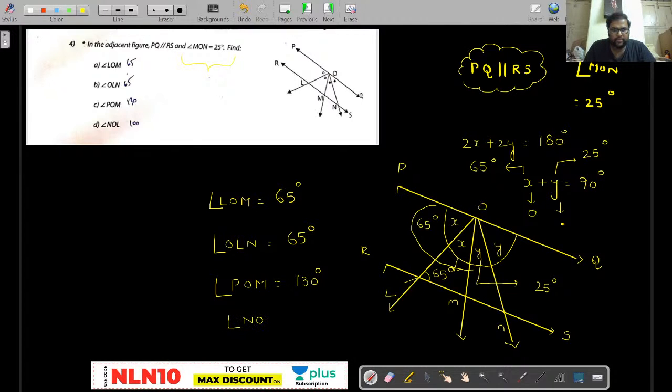Now come to the next question. Angle NOL. Observe angle NOL. Start from N, go to O and L, which is nothing but X plus Y. How much is X plus Y? X is 65, Y is 25.